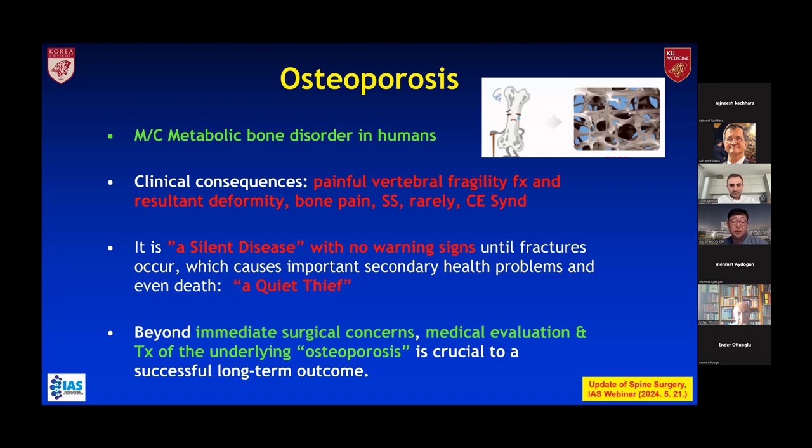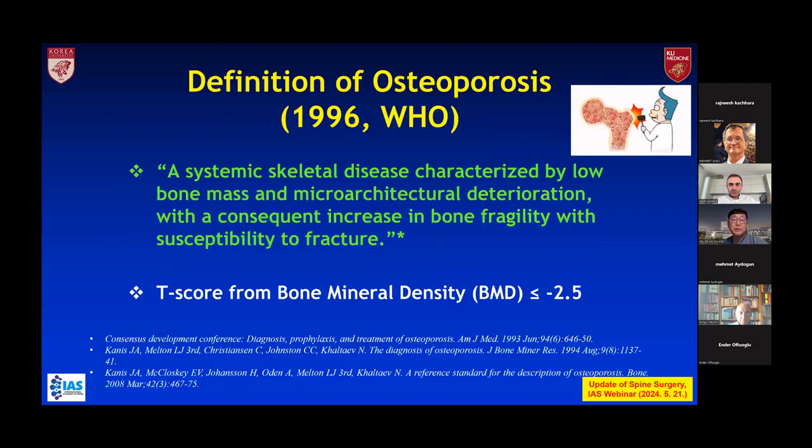So not only the immediate surgical concerns, but also medical evaluation and optimal treatment for the underlying osteoporosis are very important. From the WHO definition, osteoporosis is a systemic skeletal disease characterized by low bone mass and microarchitectural deterioration, increasing bone fragility and finally fractures.